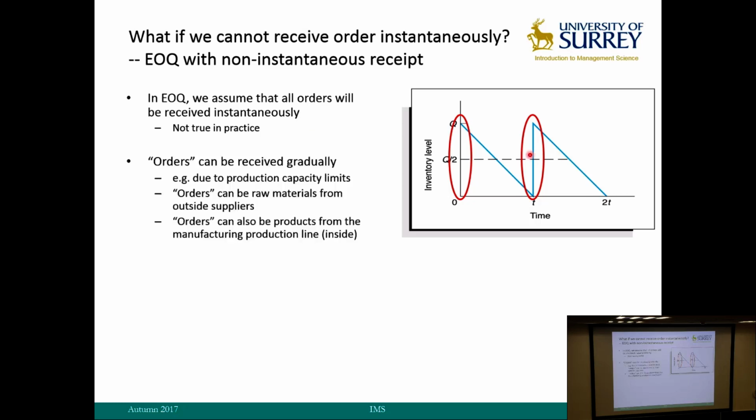Orders are received gradually for several different reasons. If we are working in a supermarket, the raw materials come from outside suppliers and delivery takes time. Maybe every day we can receive part of our inventories, but we cannot receive it all immediately. If the order is production from our own manufacturing lines, that's also the case.